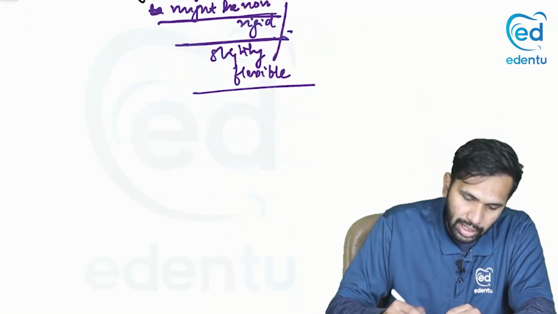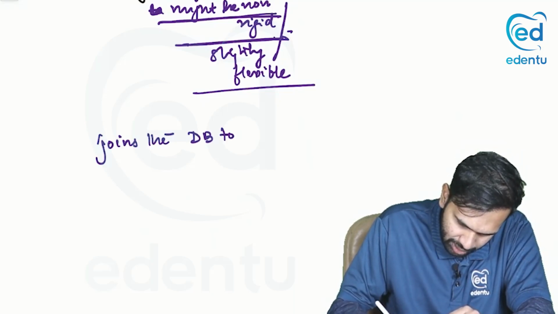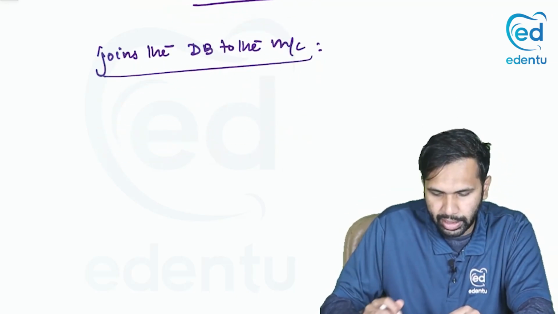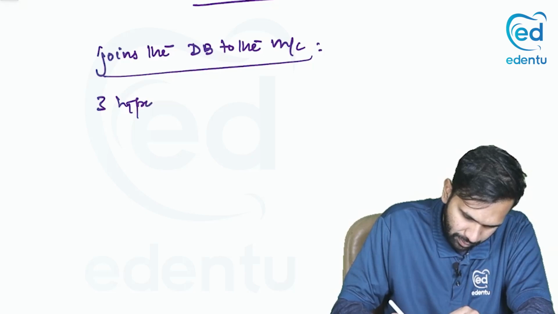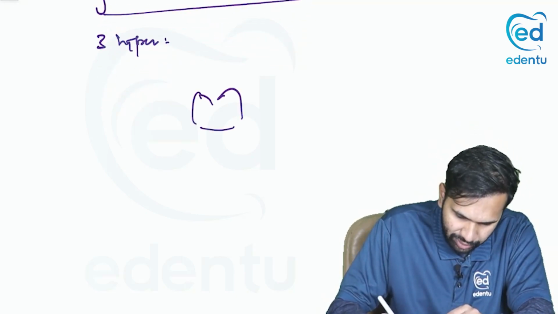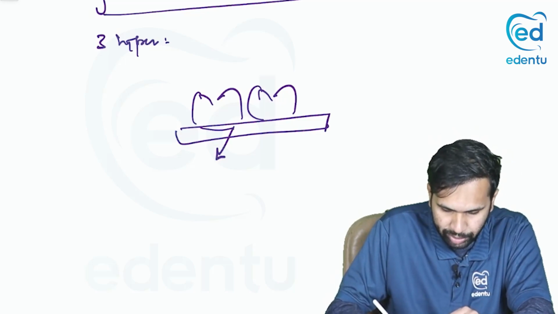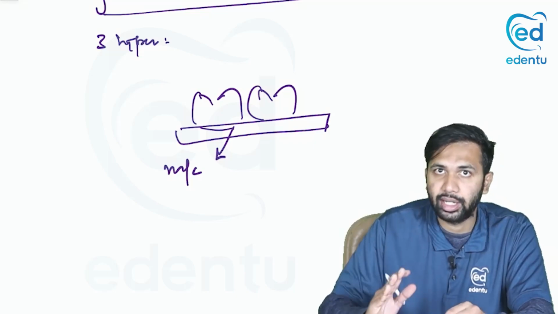Now, that minor connector which joins the denture base to the major connector can again be of 3 types. Denture base means you know it, the artificial teeth that we are placing. We have an acrylic base for that, and this has to be joined to the major connector. And that is by means of the minor connector.